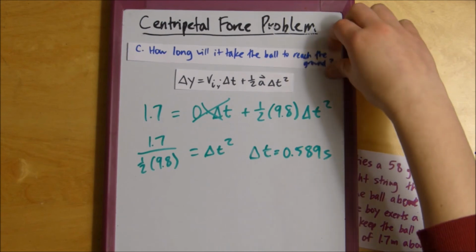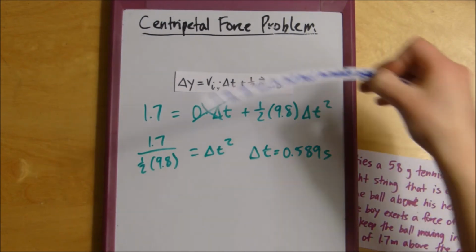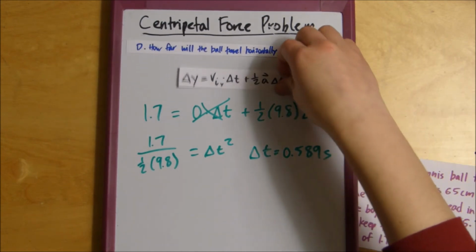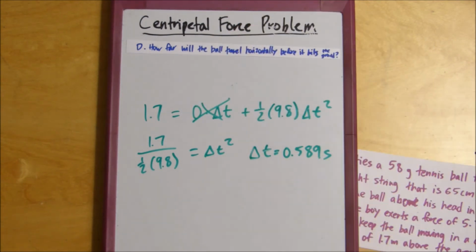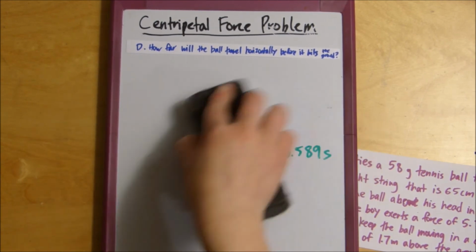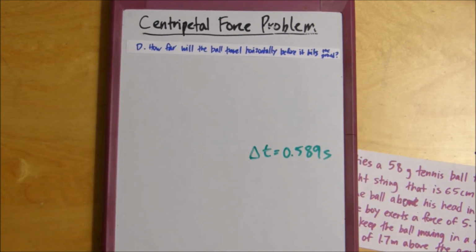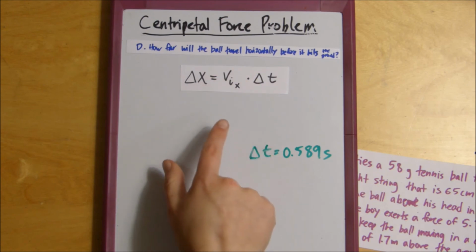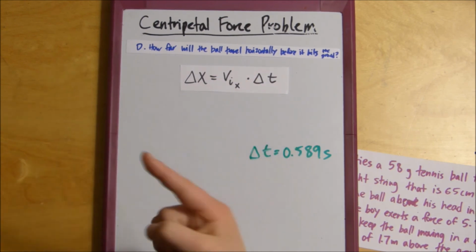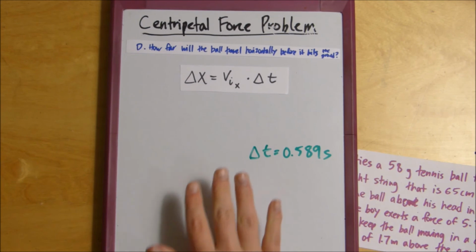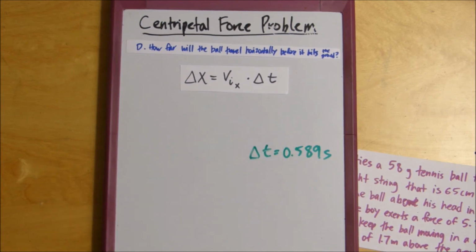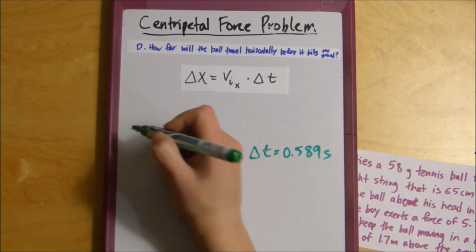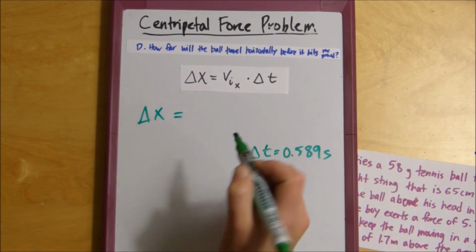And then for our final question, how far will the ball travel horizontally before it hits the ground? For this one, we're going to use this delta t. Our equation is delta x equals the initial horizontal velocity times the change in time. Delta x is what we're solving for.